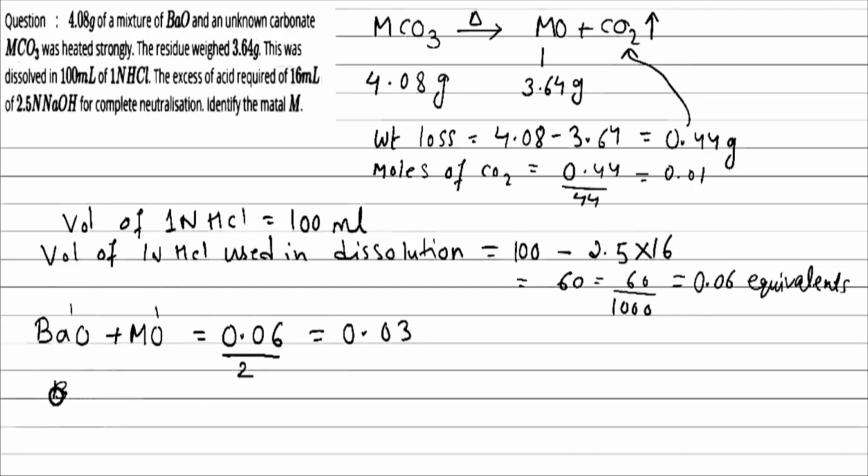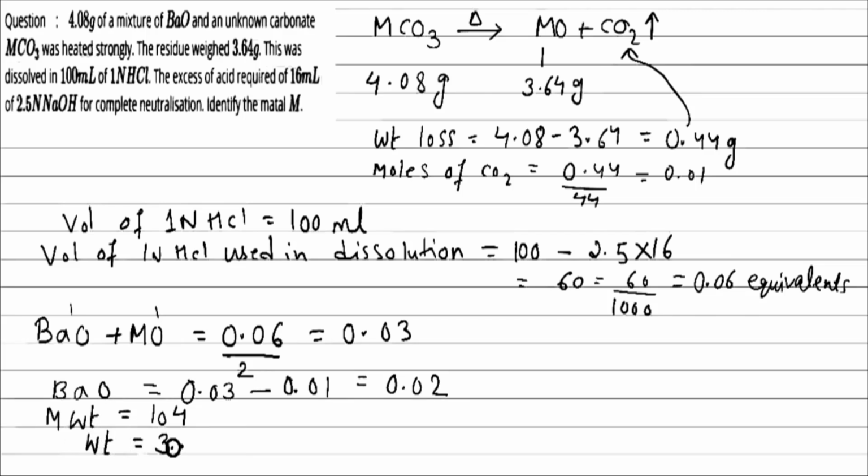Now let us find the moles of only BaO: both are 0.03, minus the carbon moles, 0.01. On subtracting we got 0.02. We know that the molecular weight of BaO is 104 (as used in the video), so the weight comes out to be 3.08 gram on calculating.